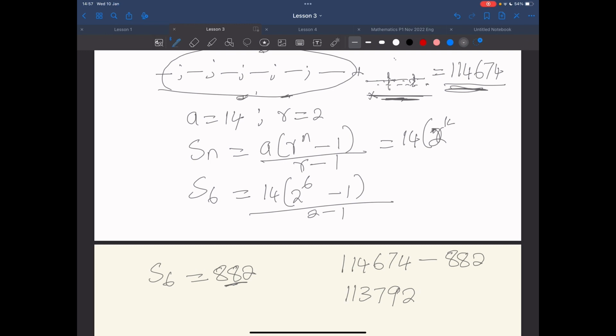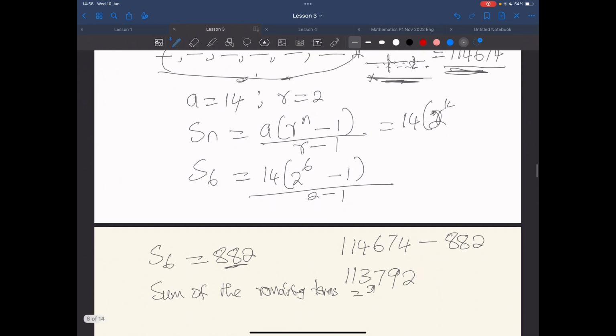So the sum of the remaining terms will be this 113,792.